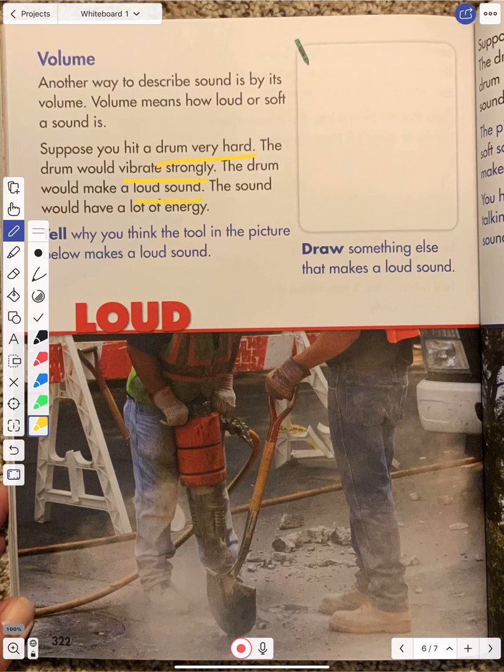So I know that jackhammers are heavy and strong, and I think they would make a loud sound. Draw something else that makes a loud sound. Go ahead and draw something. What did you draw? That's supposed to be an airplane. That would be something that makes a loud sound.